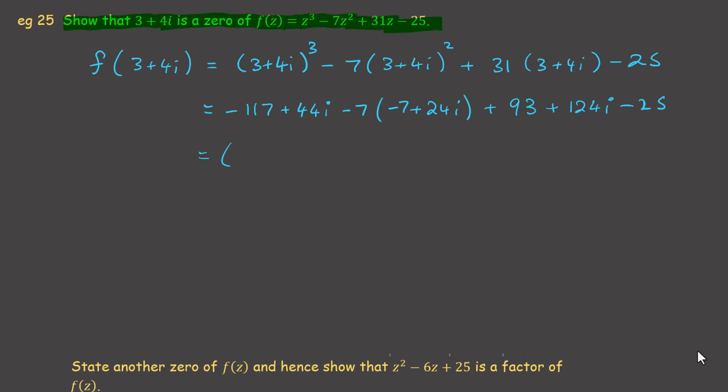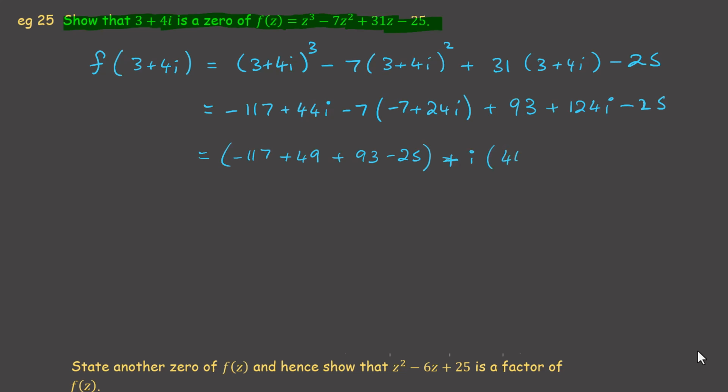Okay, so if we bring the real parts together, we've got negative 117 plus 49 plus 93 take away 25. And let's bring the imaginary parts together.